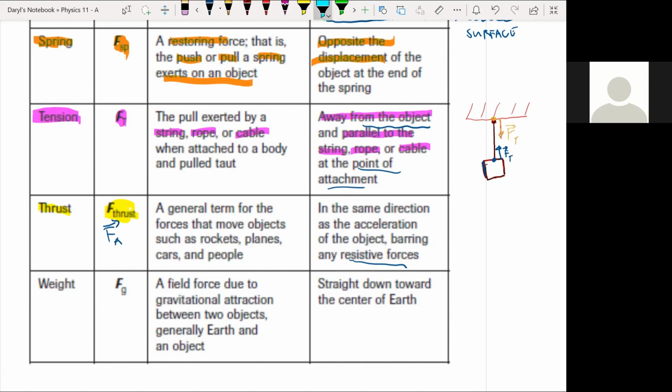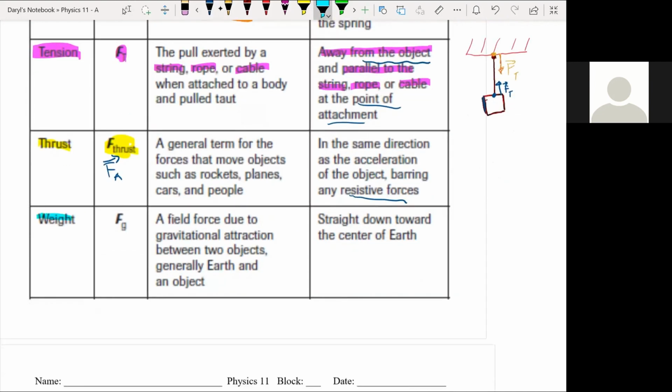And lastly, this quantity here, the weight. This is a long-distance force. It is just the gravitational attraction between two objects. If you're talking about objects here on Earth, we use the Earth and the object, and its direction is always straight downward towards the center of the Earth.